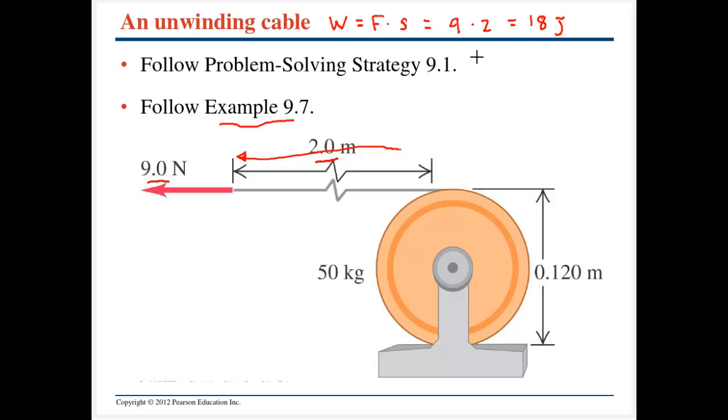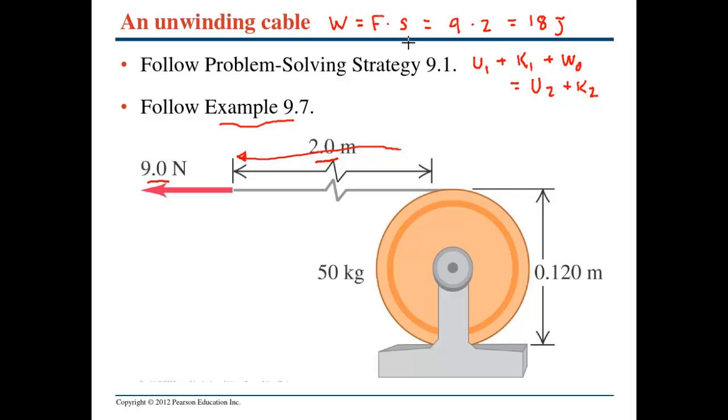I know from the work-energy theorem that I can write the energy beforehand in potential form and in kinetic form, add that to the work that was done by other forces. I'm going to end up with the potential energy afterwards and the kinetic energy afterwards.